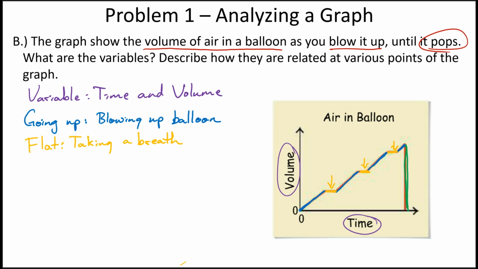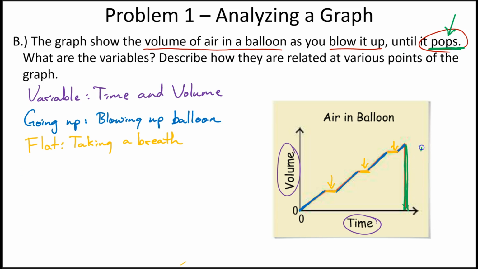And then what happens at this part? Suddenly it shoots back down to 0. The amount in the balloon suddenly drops very rapidly down to 0. Well, if we look back to our situation, what does it say is happening? Until it pops.